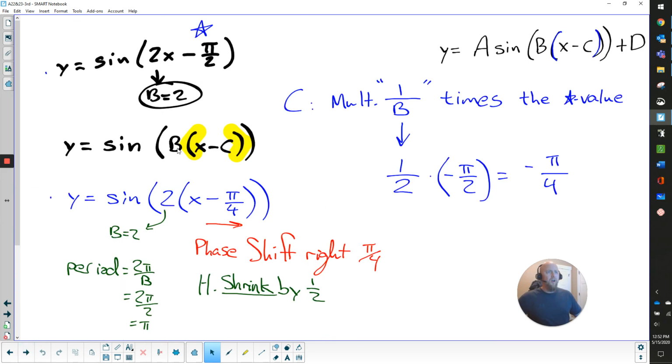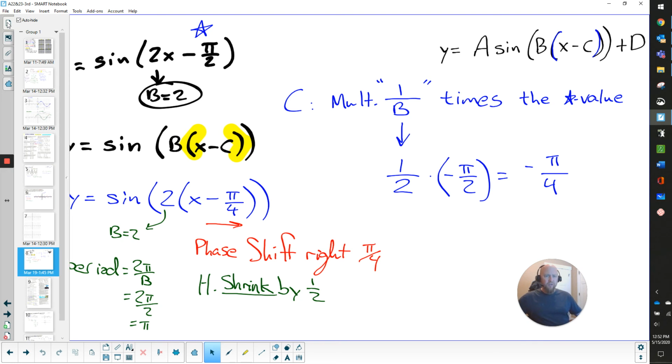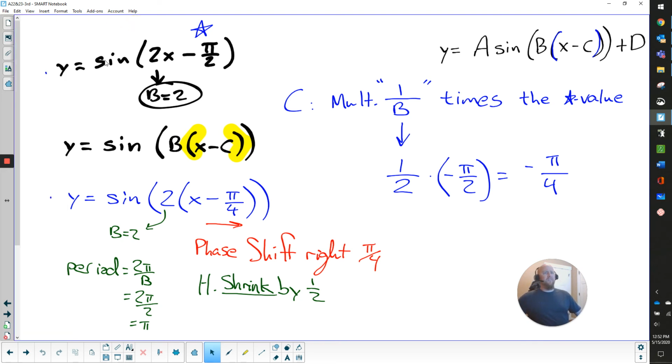Okay, one more page. On page 8 of this notes document, you will see us start to deal with phase shift and pulling that b value out. One way you could do that quickly is if you can recognize the b value is just the coefficient on that variable on the inside layer, take the reciprocal of that and multiply it times that other constant, and that'll give you the so-called C or phase shift value from that inner layer.